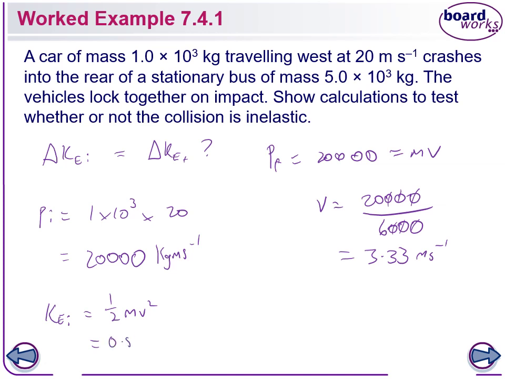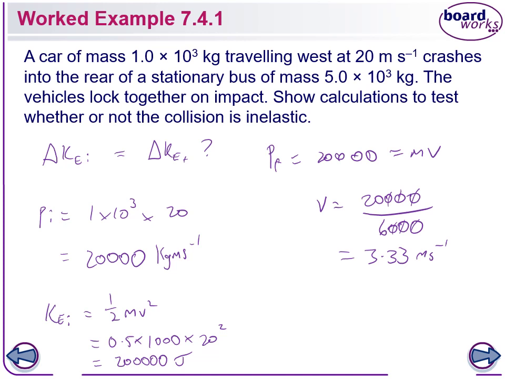So 0.5 times the mass of the car, because the bus has no kinetic energy because it's not moving, multiplied by the initial speed squared. So what's that? That'll be 200,000, I think. So 200,000 joules before the collision.